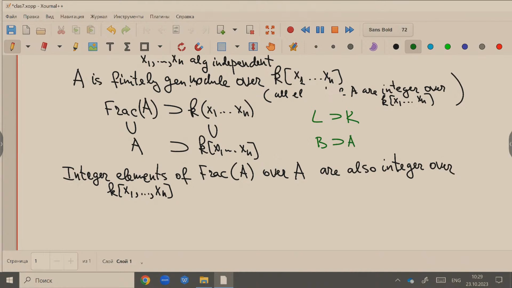If you look at this diagram, this will be precisely the diagram that we obtained, and you see that if you put here the integral closure of A, which is B, then the integral closure of A will be a Noetherian ring by the previous theorem.